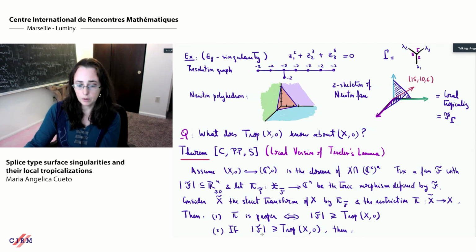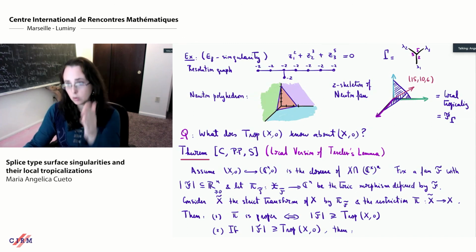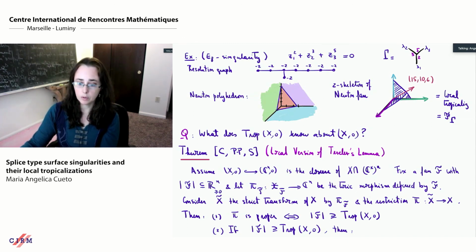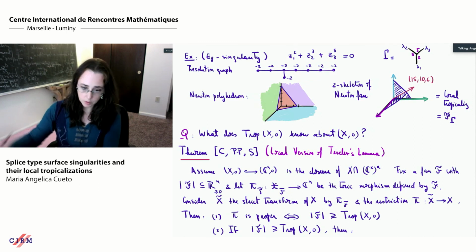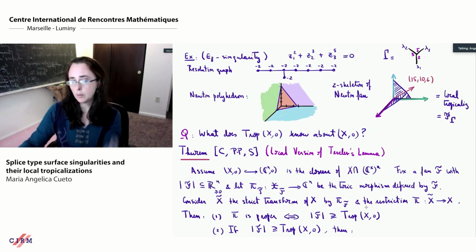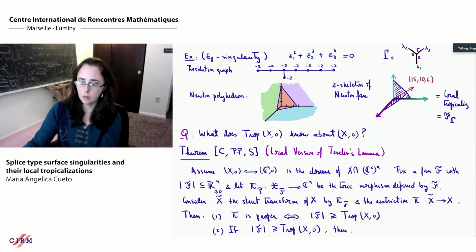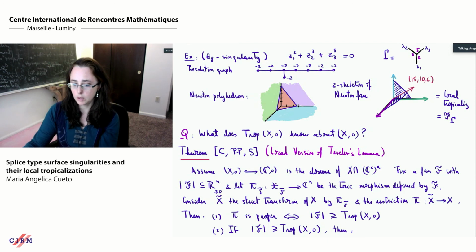And if that inclusion holds, then you get equality if and only if, when you look at the toric boundary of your strict transform, those points in the torus orbits in the boundary meet in the expected codimension. And that codimension is really going to be the dimension of the associated cone in your input fan.